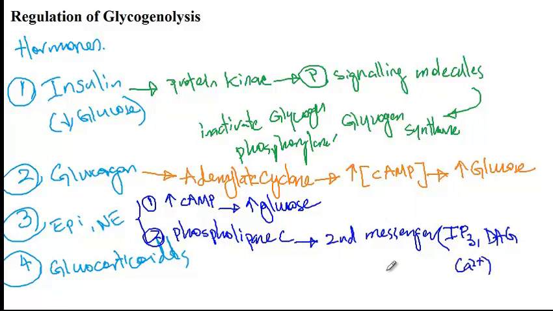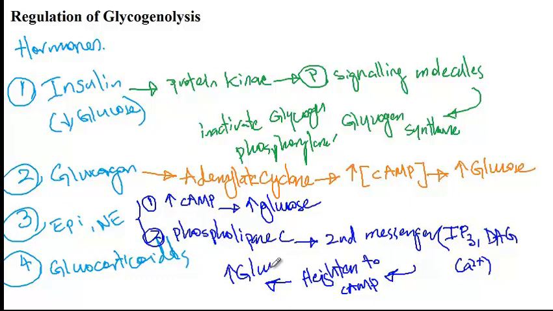What these second messengers do is reinforce, so heighten, the cell's response to cyclic AMP, as a consequence of which they enhance glycogen breakdown and increase glucose concentration.